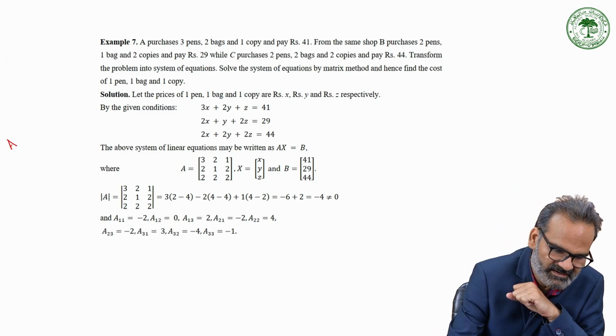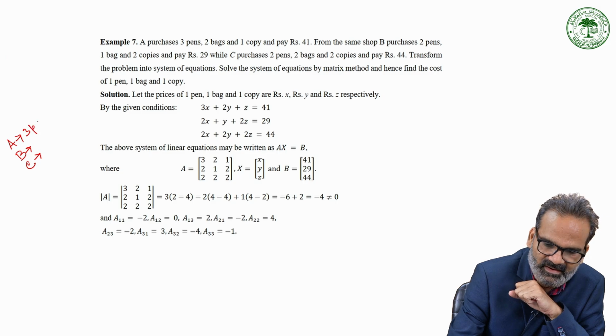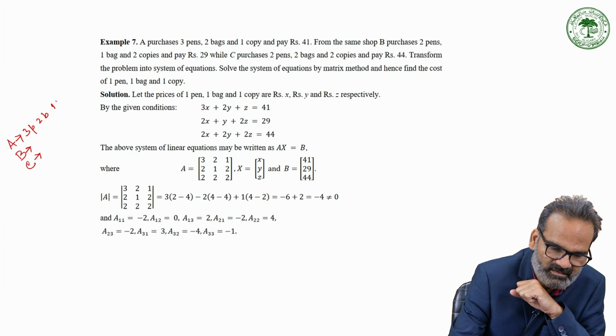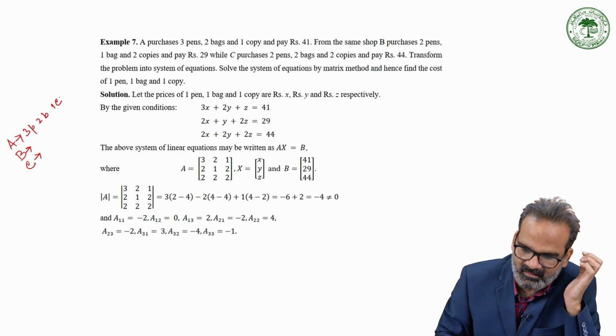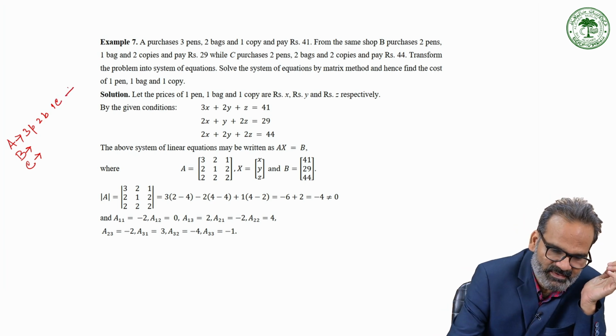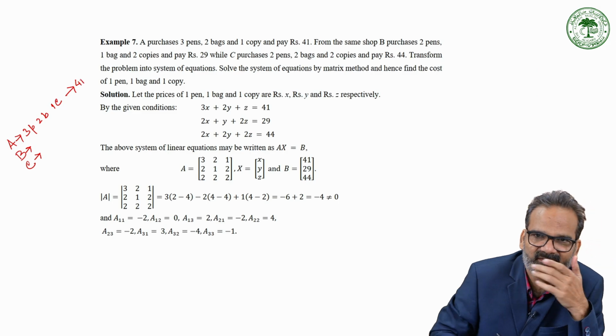There are three candidates, A, B and C, and A is purchasing 3 pens, P for pen, 2 bags, B for bags, 1 copy, C for copy, and pays rupees 41. Clear?